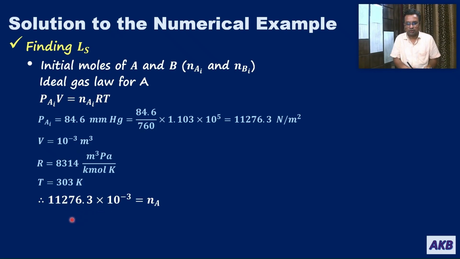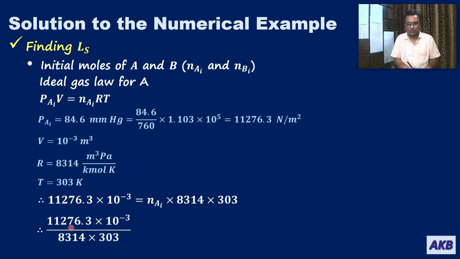So if I put all the given values, it will be 11276.3 into 10 to the power minus 3 is equal to NAI into 8314 into 303. That is, NAI equals 11276.3 into 10 to the power minus 3 divided by 8314 into 303. That gives me NAI as 4.49 into 10 to the power minus 6 kilomole.